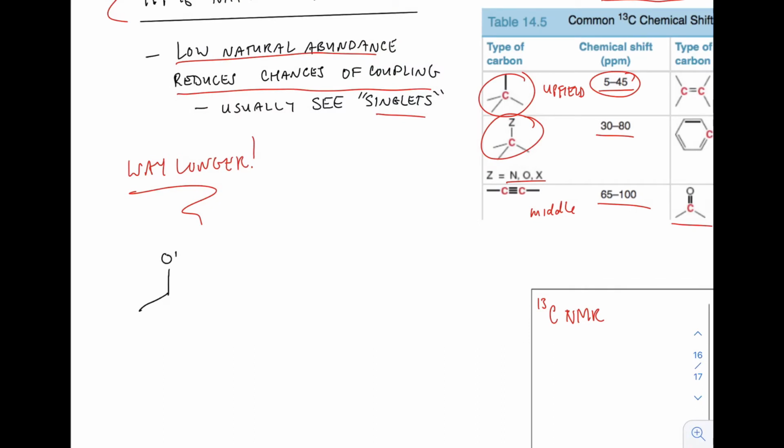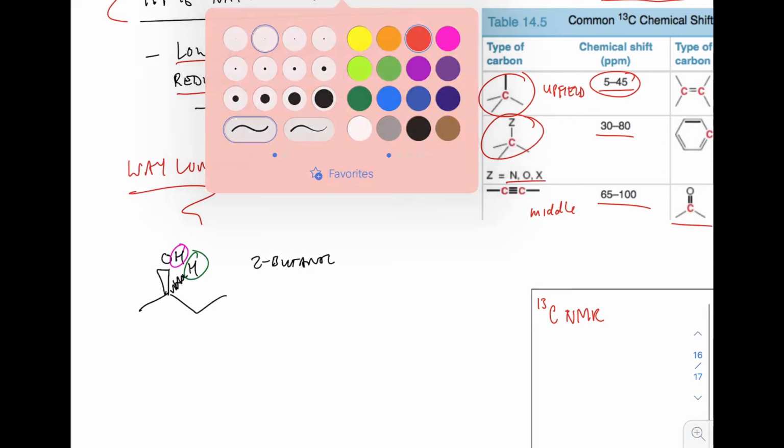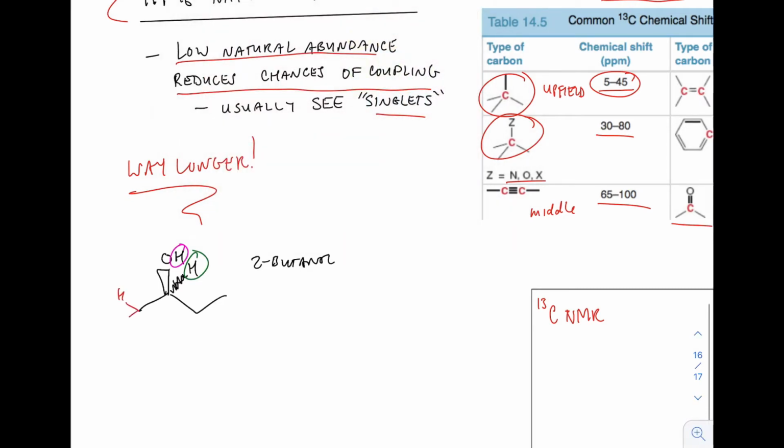Let's say this is 2-butanol. A typical question when we're discussing proton NMR is how many unique resonances or signals there are, and we know how to do that, right? This was a common example with a stereogenic center, so we have one proton there, another proton there that's unique, and these hydrogens here, which are all unique.